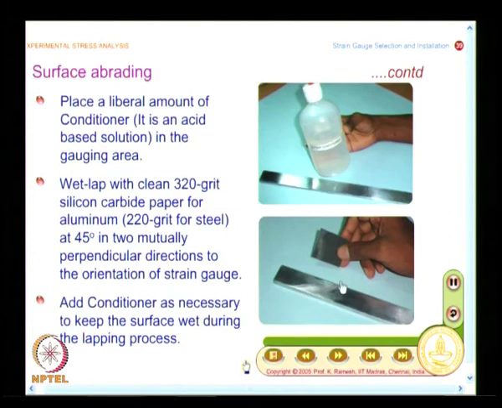What is anticipated is to prepare a surface which has sufficient roughness, and what they say is 12 strokes at 45 degrees and another 12 strokes at minus 45 degrees would do for preparing the surface. And you have to maintain the conditioner as necessary to keep the surface wet during the lapping process. And the other important aspect is you should not allow the conditioner to evaporate. If you allow the conditioner to evaporate, then it will form a thin residue.